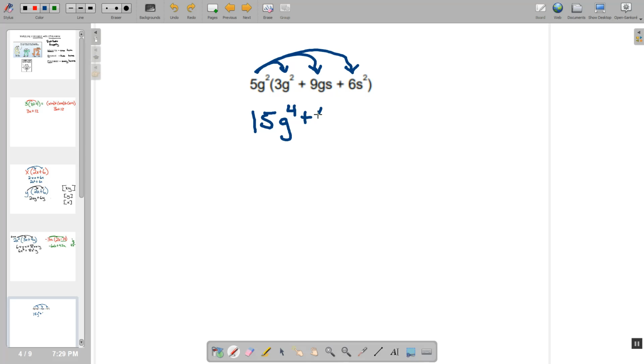So we get positive 45 g cubed s, because there's 3 g's, and then the s is left over. S can't combine with anything else. And then finally, we have 5g squared times 6s squared, which is 30. G squared doesn't change. S squared doesn't change. And we are now in simplest form.